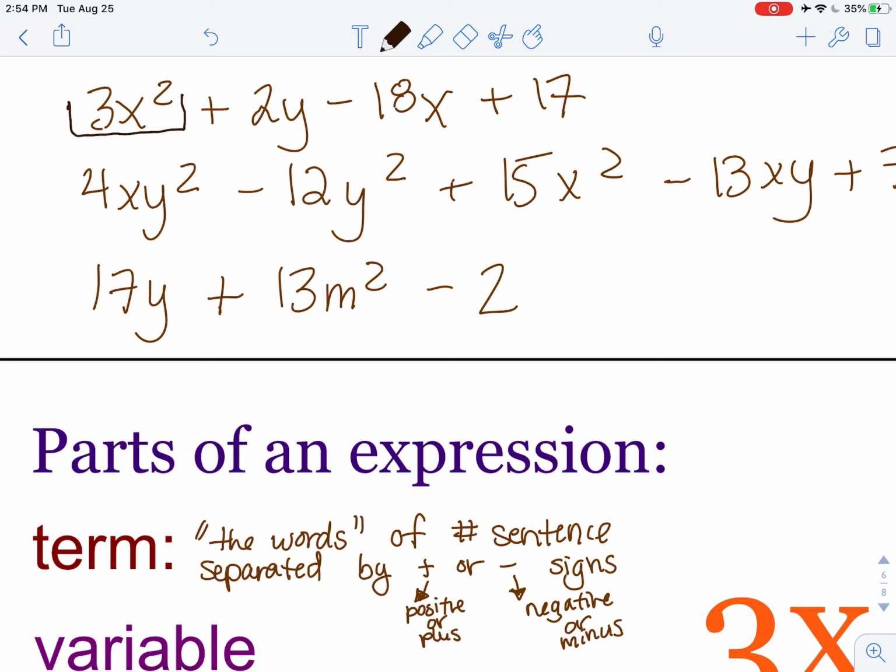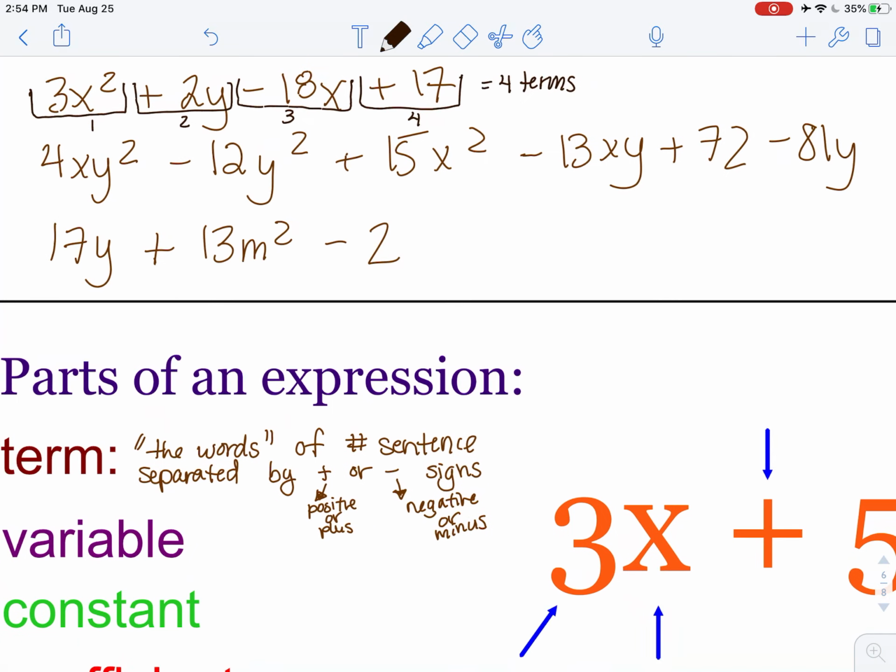So I have one term, and I stop before that sign. That sign gets connected to the number that follows, like a magnet. So it is plus 2 or positive 2. And then I keep going until I see another one and another one. So I have 1, 2, 3, 4 terms in this expression.